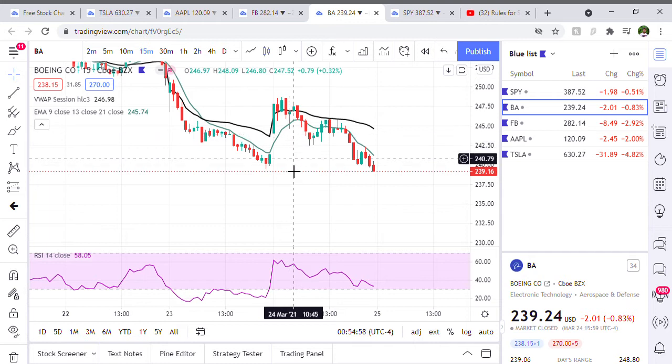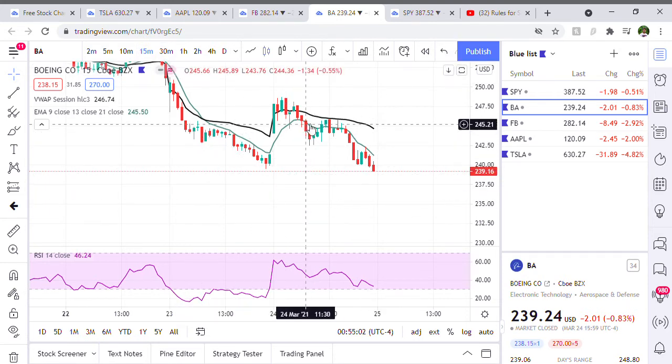We have identified our trade at 11:15 to 11:30. What is the low of this candle? The low of this candle is 244.87. Now I'll switch to 5 minutes.